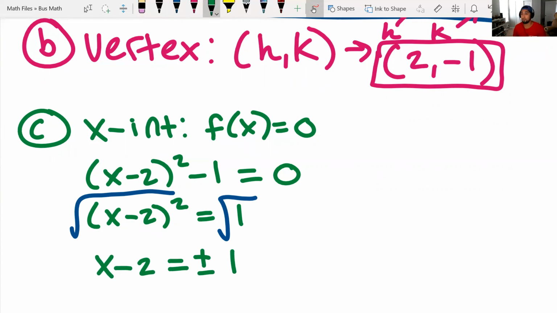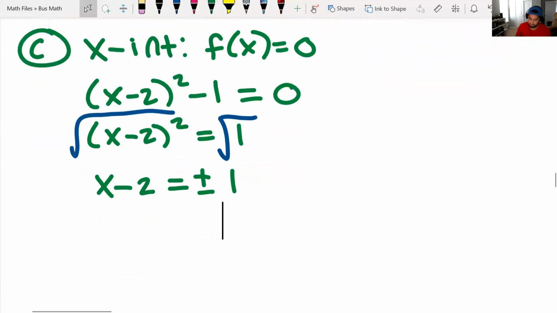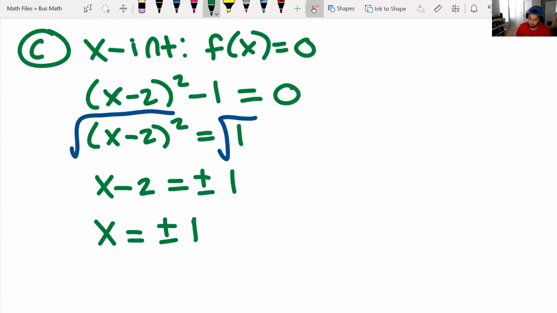Plus or minus 1. Then add the 2 over, and x equals plus or minus 1 plus 2. And now you have your 2 routes. We have to do the plus route and the minus route.